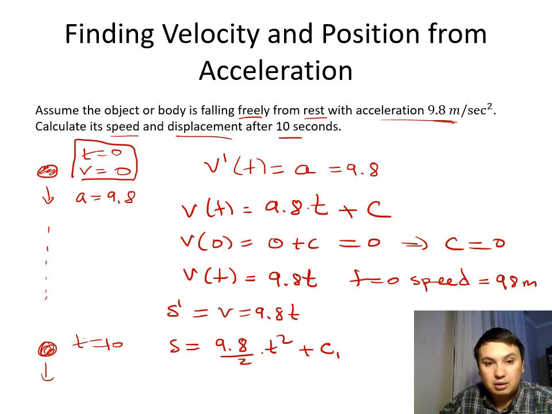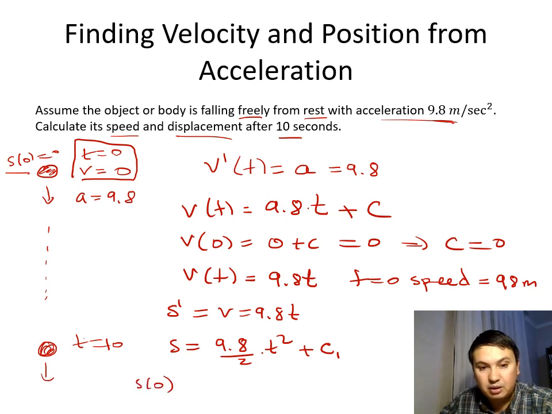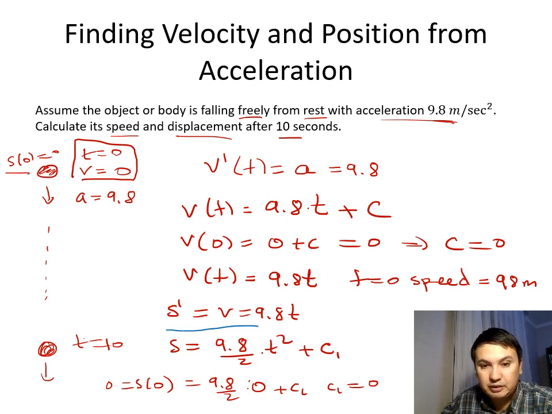And let's say that my initial displacement is 0, so at t equals 0, this must be 0. So this is 9.8 over 2 times 0 plus C1. So it means C1 is 0, which means my displacement is right here.